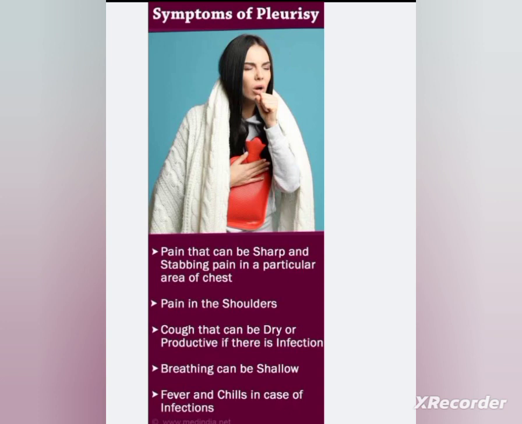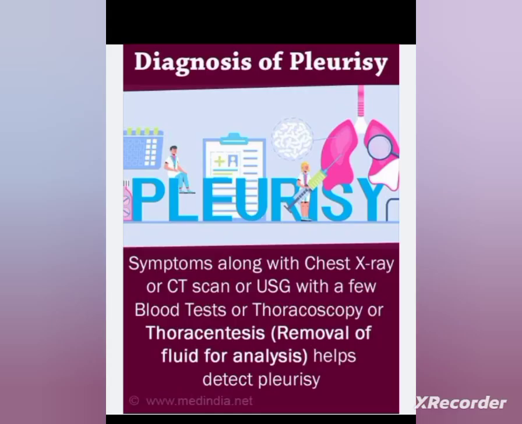Sometimes there will be pleural effusion, then intercostal tenderness is also present with pleurisy, then pleural friction rub, which is a very important sign that can be heard. Then fever and chills in case of infections, and breathing problems will also be present. So these are all the signs and symptoms of pleurisy.